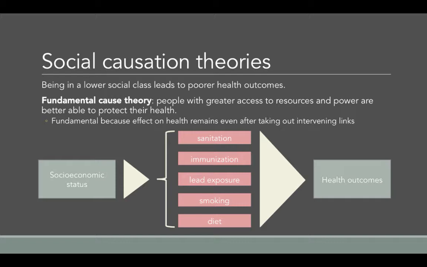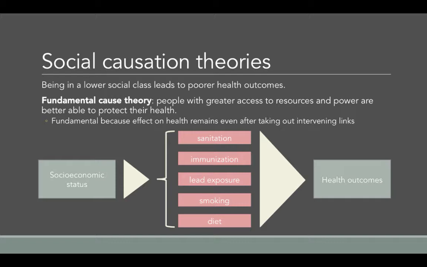Their argument is that SES, socioeconomic status, is a fundamental cause because it remains as an effect on health even when you take out the intervening links. So take a look at this graphic that I've put together.